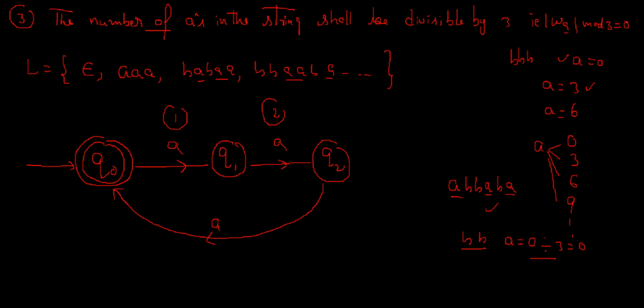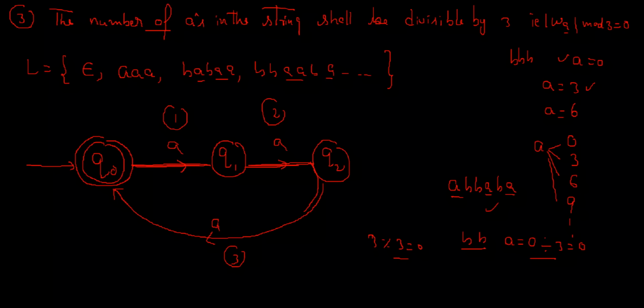So this is the third A. That means 3 A's, 3 divisible by 3. Suppose if you see 4 A's, you will be here. If you see 5 A's, you will be here. If you see 6 A's, again you will come to the initial state.